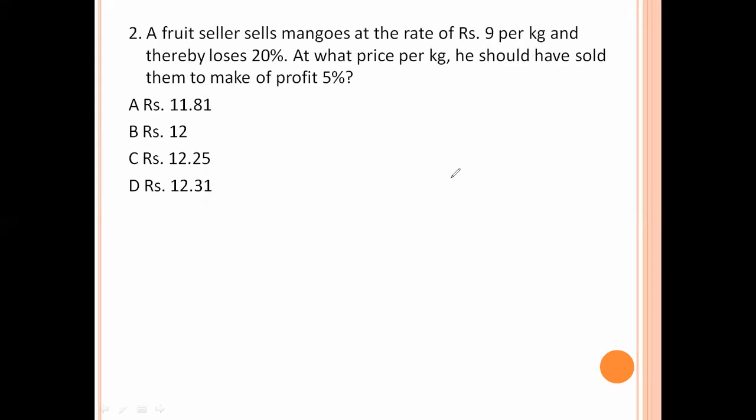A fruit seller sells mangoes at the rate of 9 rupees per kilo and thereby loses 20%. At what price per kilo should he have sold them to make a profit of 5%? So 9 rupees per kilo and thereby loses 20%, so 80% of cost value is 9. Now 5% profit means original price is 100, on this 5% means 105%.